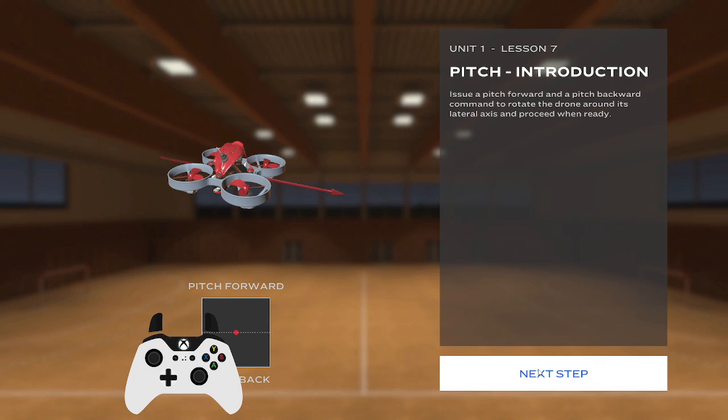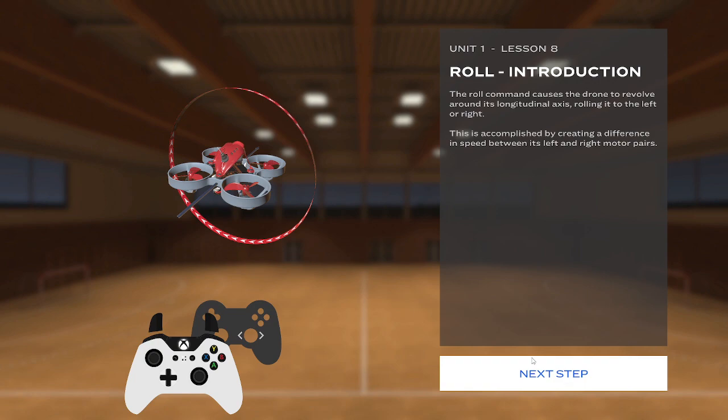Got it. Roll introduction. The roll command causes the drone to revolve around its longitudinal axis, rolling the drone left or right. This is accomplished by creating a difference in speed between the left and right motor pairs. Roll practice.